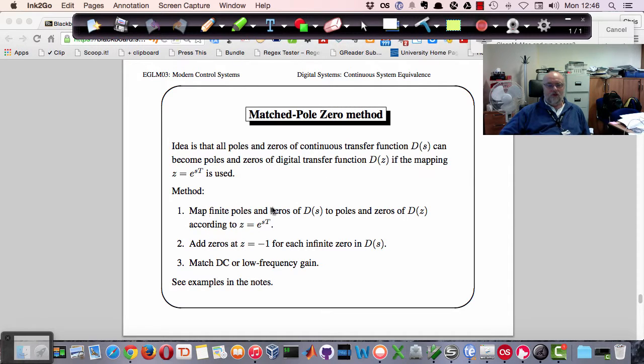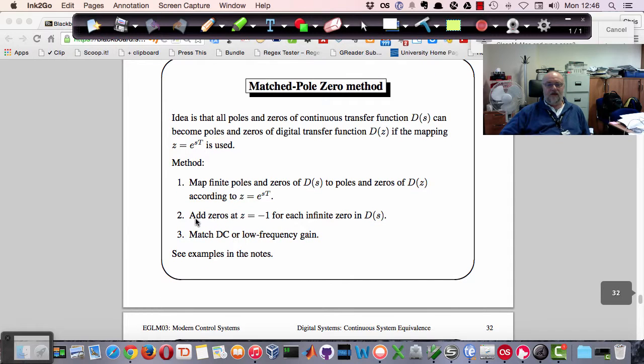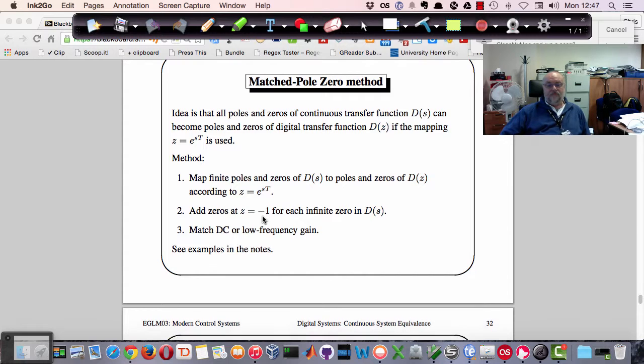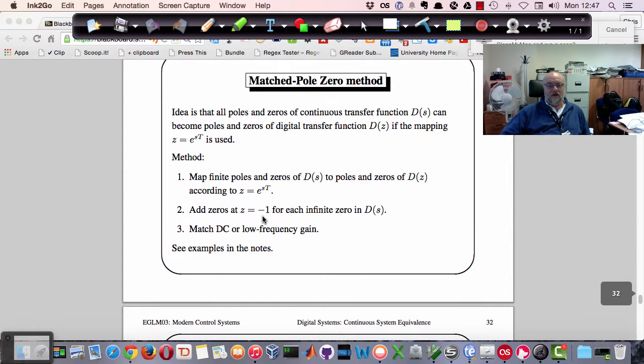So what we do is we map the finite poles and zeros to poles and zeros of d of z using that transformation. We then add any zeros for infinite zeros in d of s. These will get z equals minus 1 because that's basically equivalent to an infinite pole and an infinite zero in the z domain.